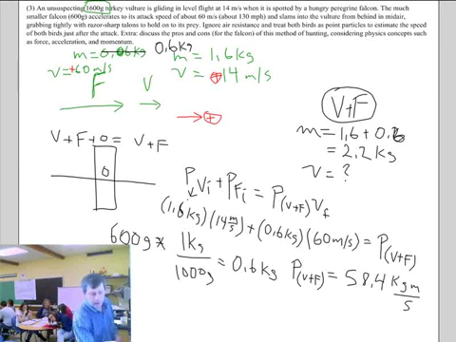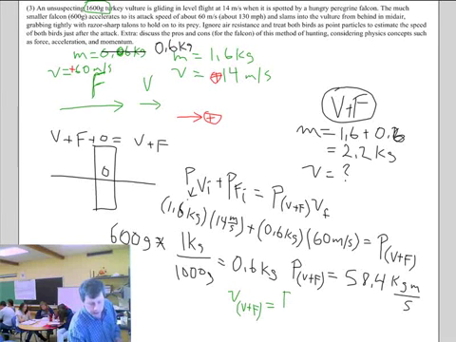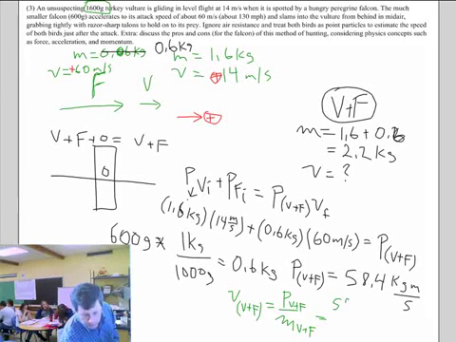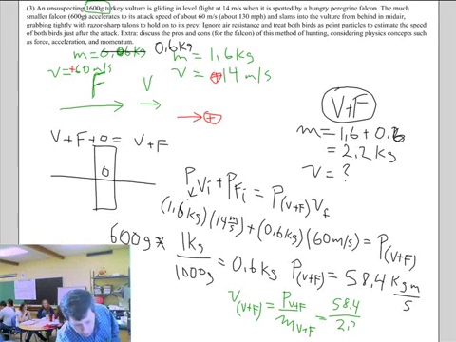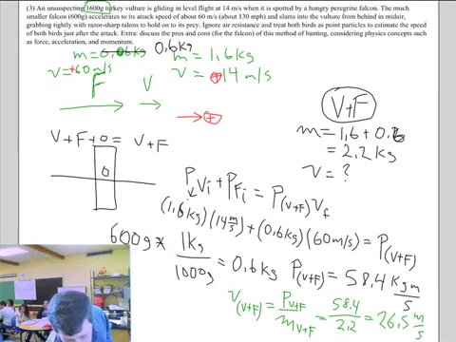Then what we need is the final velocity of Vulture plus Falcon. That's equal to momentum of Vulture plus Falcon divided by the mass of Vulture plus Falcon equals 58.4 divided by 2.2 equals 26.5 meters per second.